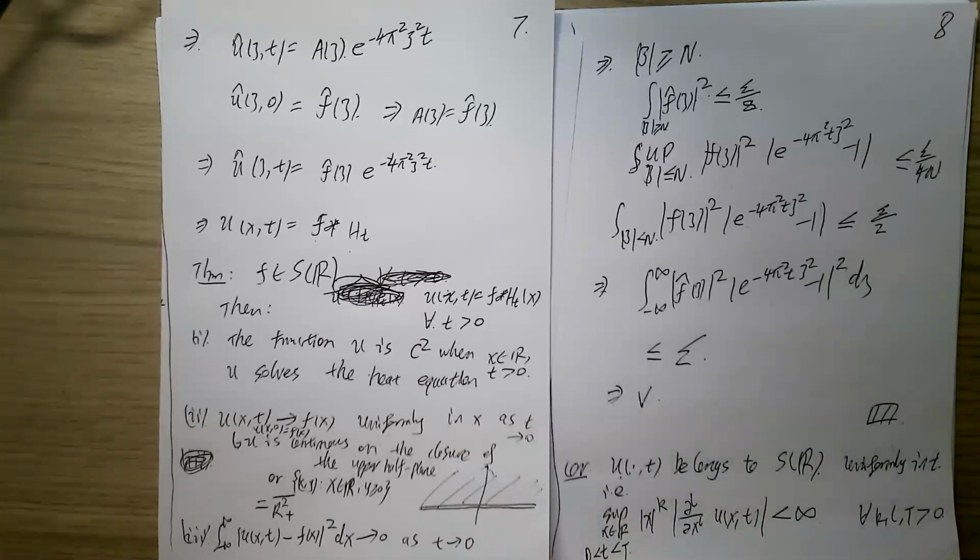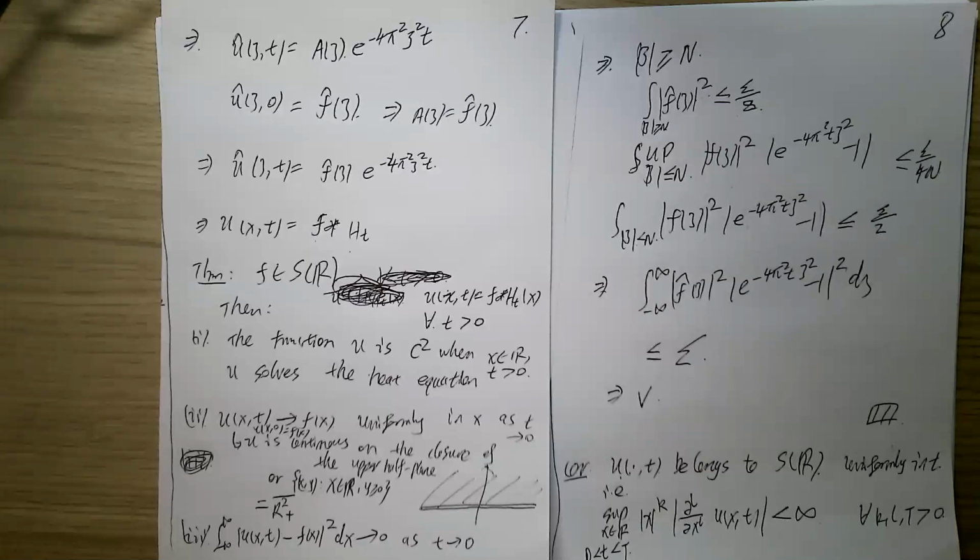But this may not be true for capital T equals infinity. Okay, but for any finite time interval, this u(x, t) is actually uniformly Schwartz in t. Okay, is that clear?